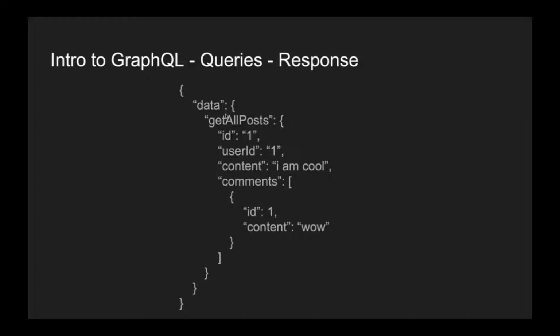Then inside the next object, we have the query name. That's also something important. If you're trying to access this data, you'd have to say something like data.getAllPosts.id.